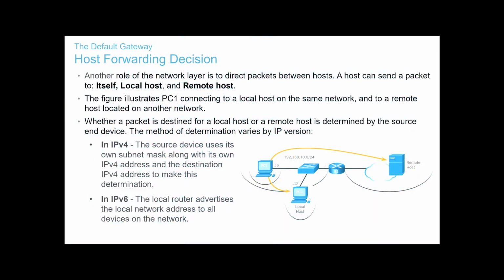Why is this very important? This host here has to know where to send a packet in order to be routed. So if this host wants to get to the remote host, he has to go through his default gateway, typically a router port that is part of his LAN, and that has to be configured on the PC, the gateway.